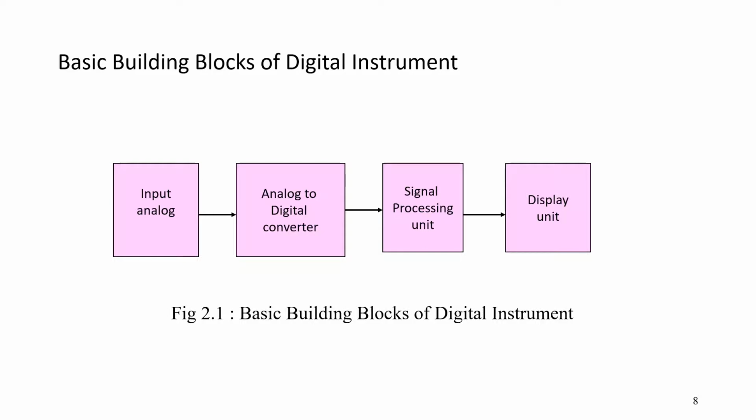When you come to the basic building block of a digital instrument, it has the input analog section, the analog to digital converter block, the signal processing unit, and the display unit.